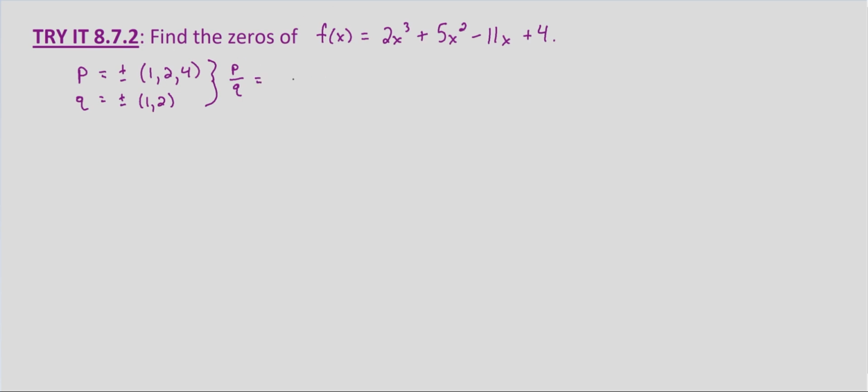So our possibilities for p over q, which are possibilities for rational zeros, are, we'll start with the negative first. So negative 1 over 1, negative 1 over 2, negative 2 over 1, negative 2 over 2, negative 4 over 1, and negative 4 over 2, and then also the positive possibilities, which would be just the positives of these.